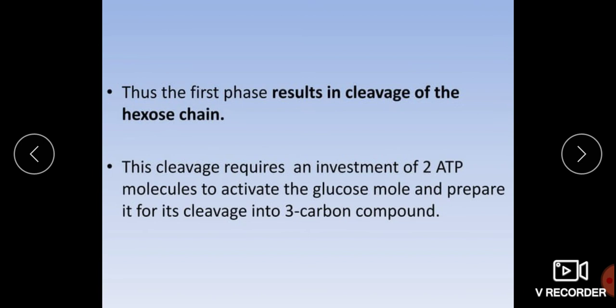This investment activates the glucose and prepares it for its cleavage into 3 carbon compounds.